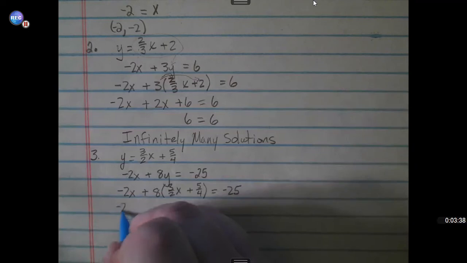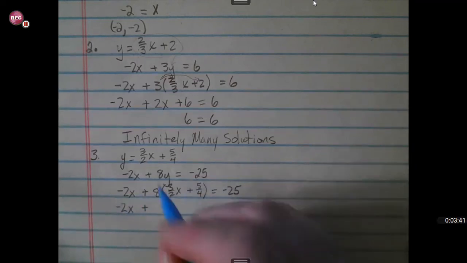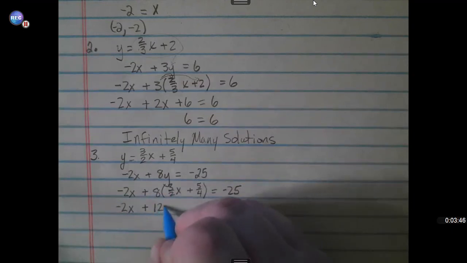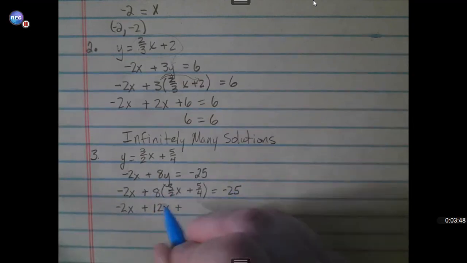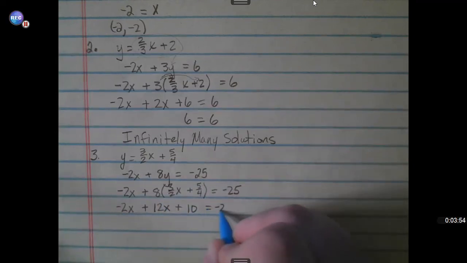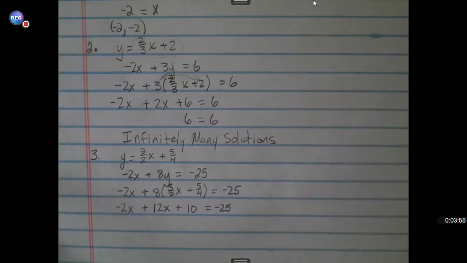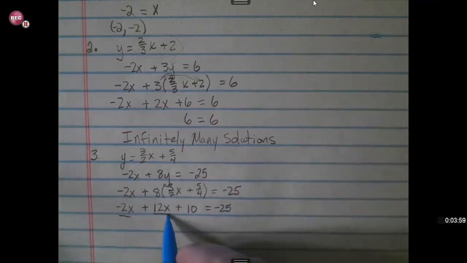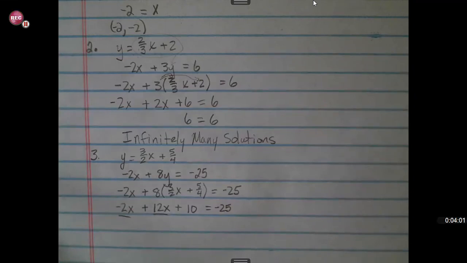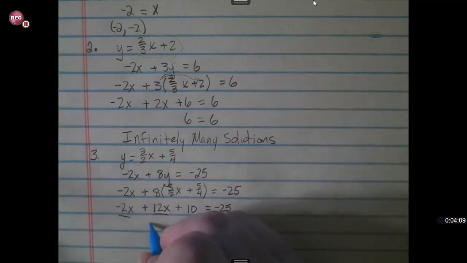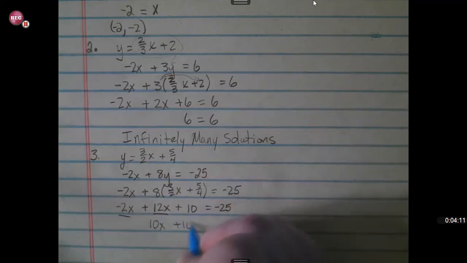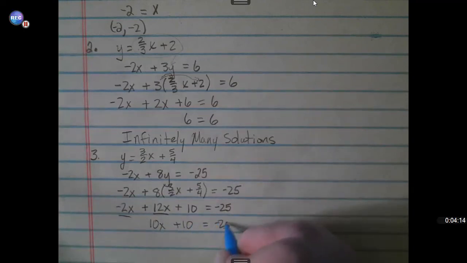And I get negative 2x plus 8 times 3/2 is 12x, plus 8 times 5/4 is 10. Negative 2x plus 12x is 10x plus 10 equals negative 25.